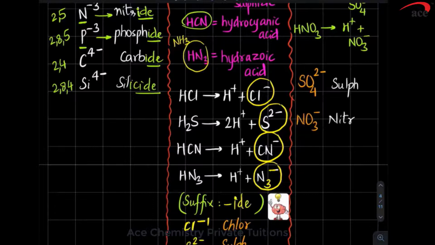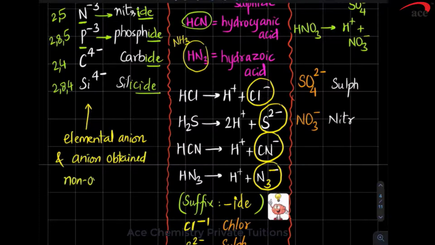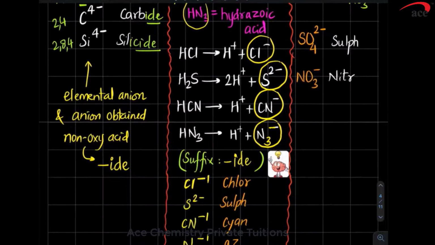So we have realized elemental anions like this, an element which eventually becomes an anion, and anions obtained from non-oxy acids, both of them end with the word ide. So naturally, the first one is called chloride.